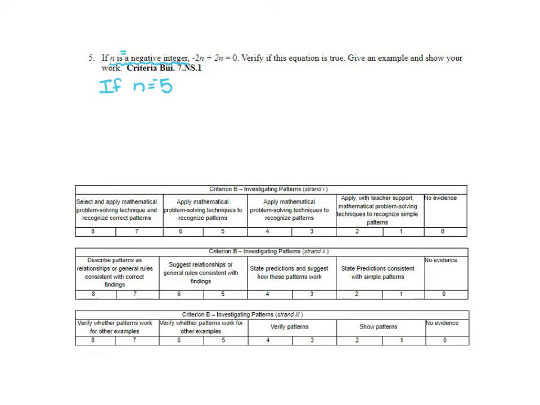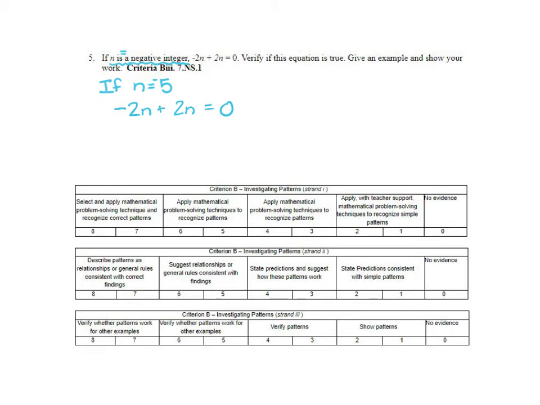So now I need to plug n equals negative 5 into the equation. So I'm going to rewrite the equation: negative 2n plus 2n equals 0. We want to see if this is true, so we're going to substitute.